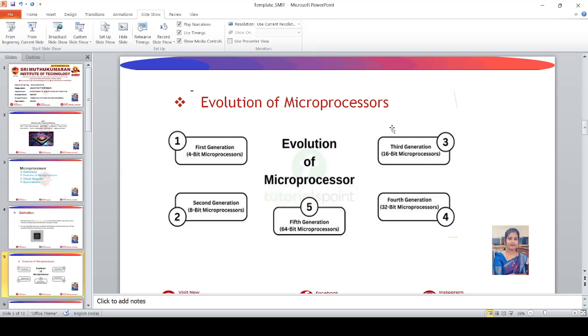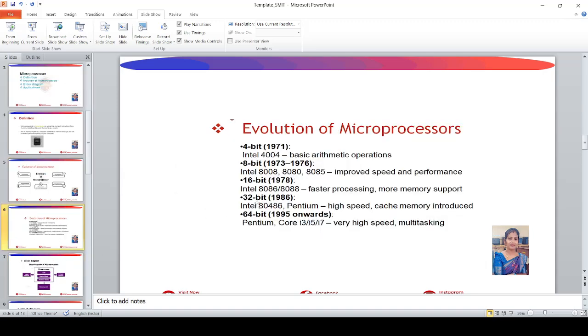Then the fifth one is the 64-bit microprocessor. Actually we are using it now in our computers, the Pentium processors. We call them i3, i5, i7, okay. I will give the explanation in another slide.